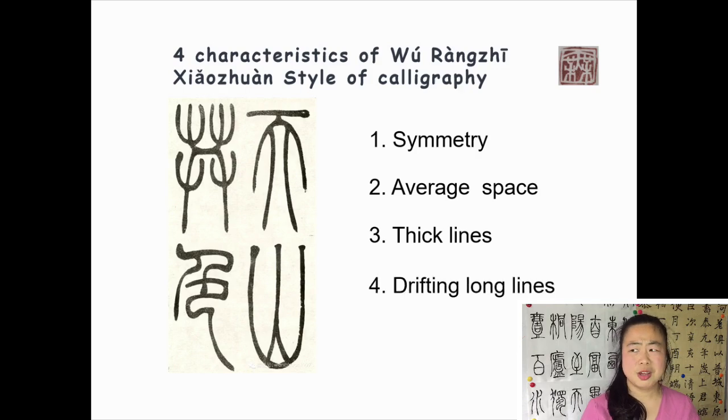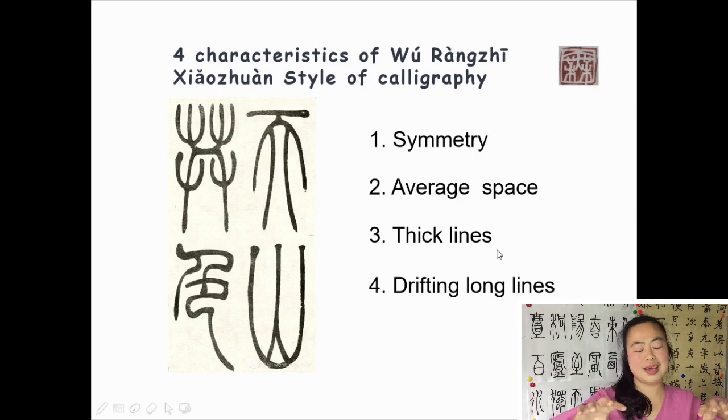What is drifting? Just think about a beautiful girl wearing a long, flowing dress, standing in the wind. Then the dress flows in the wind. That is how we describe Master Wu Rangzhi's long lines, like this one, like this one, like this one, like this one.